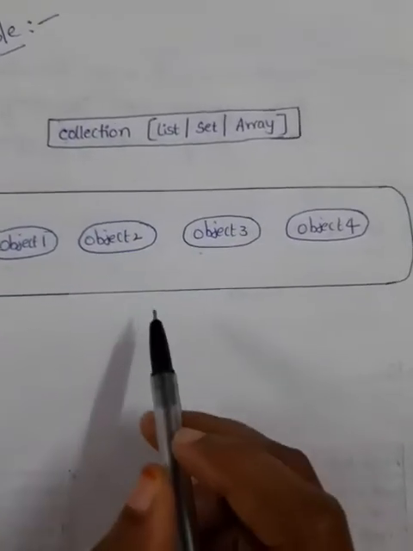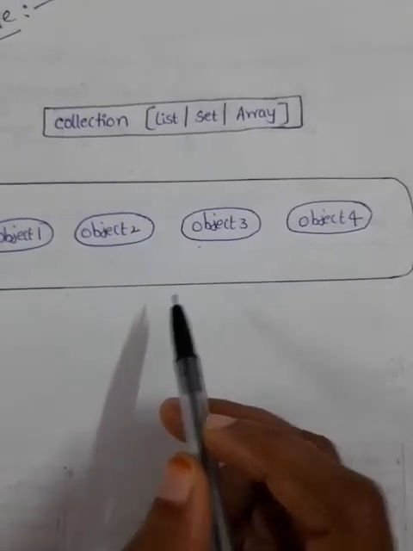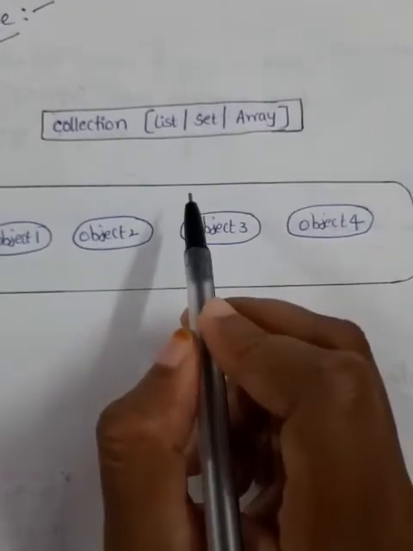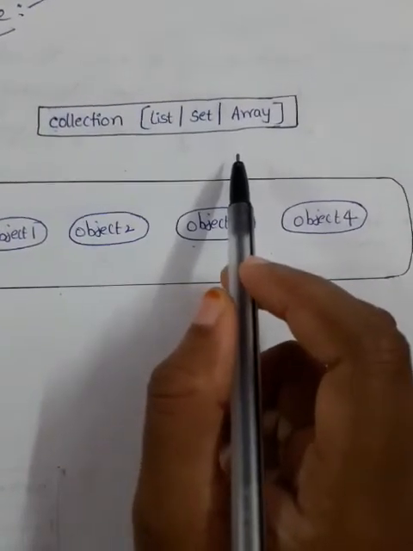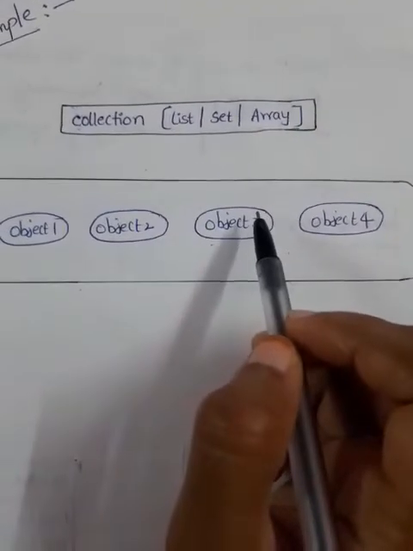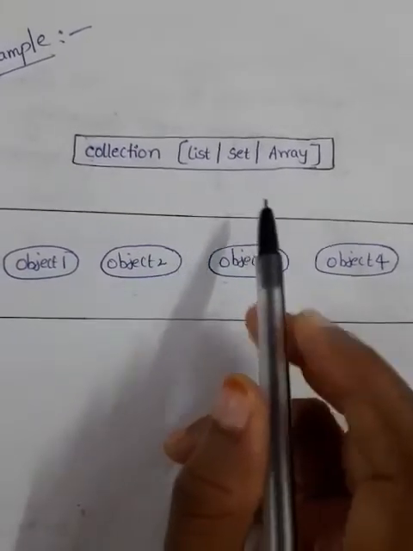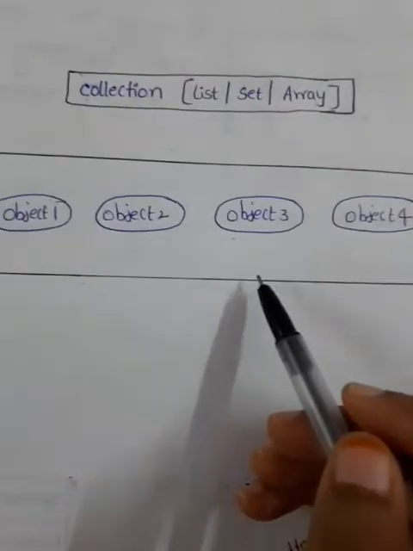If you take the list, the data structure is different, and if you consider the set, that data structure is also different from the list, and the array's data structure is also different from the list. Set is different from list, and array is different from set.